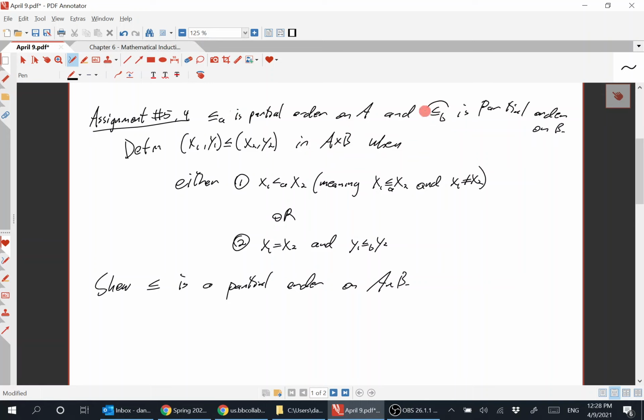When comparing elements of B, you must use this symbol. And when comparing elements of A cross B, you have to use this symbol.